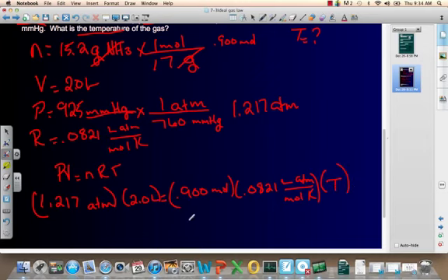And I do not know what my temperature is. So let's go ahead and simplify everything. 1.217 multiplied by 2 gives me 2.434. I'm going to leave my units here right now so I can show you how they cancel at the end. So it's 0.9 multiplied by 0.0821. I'm simplifying everything here so I can get T by itself.